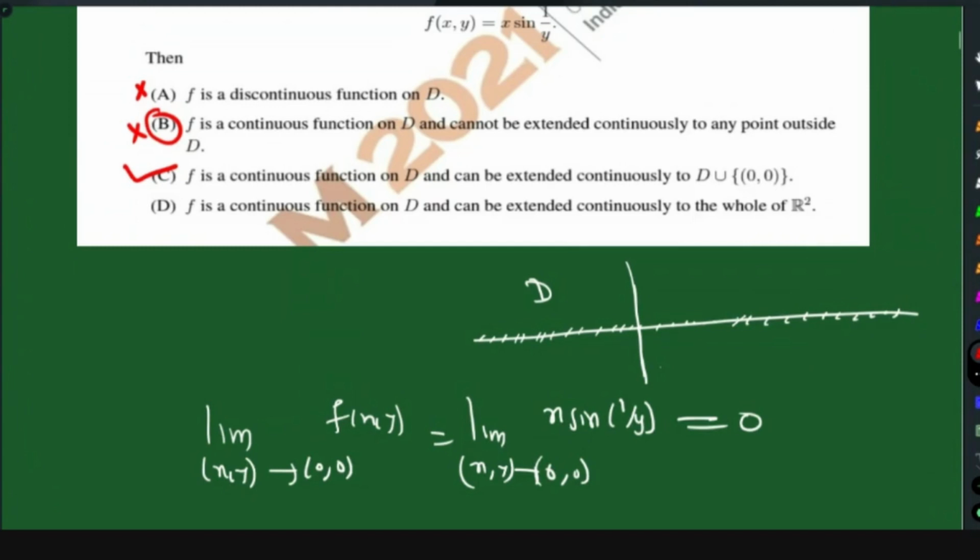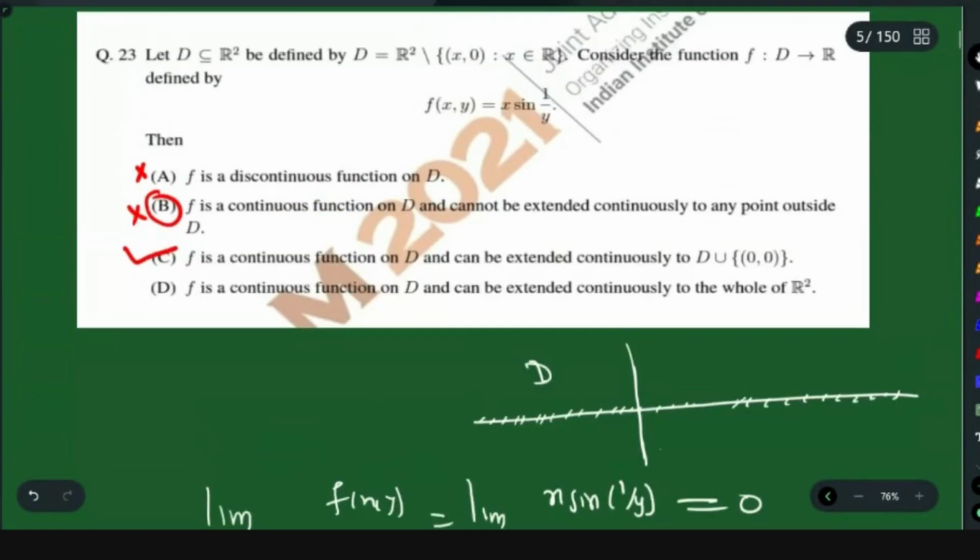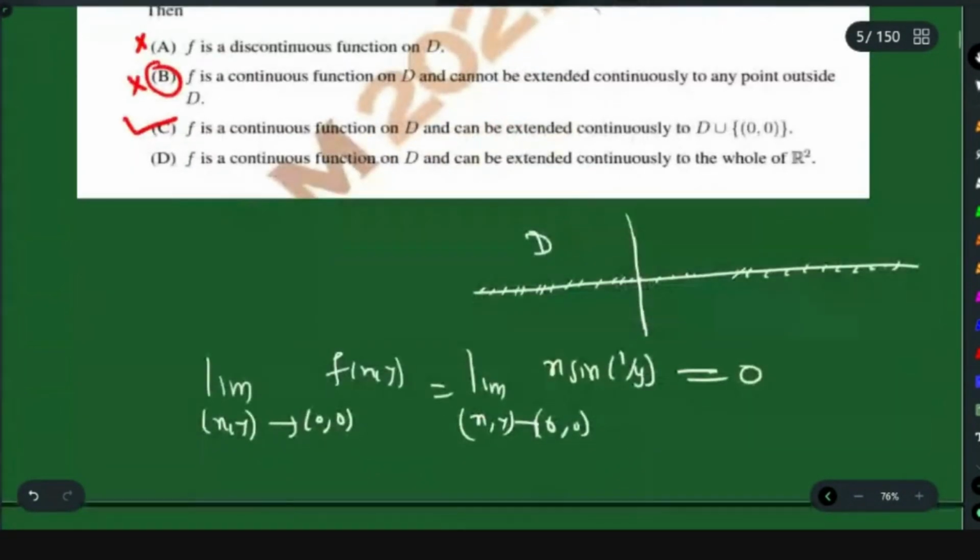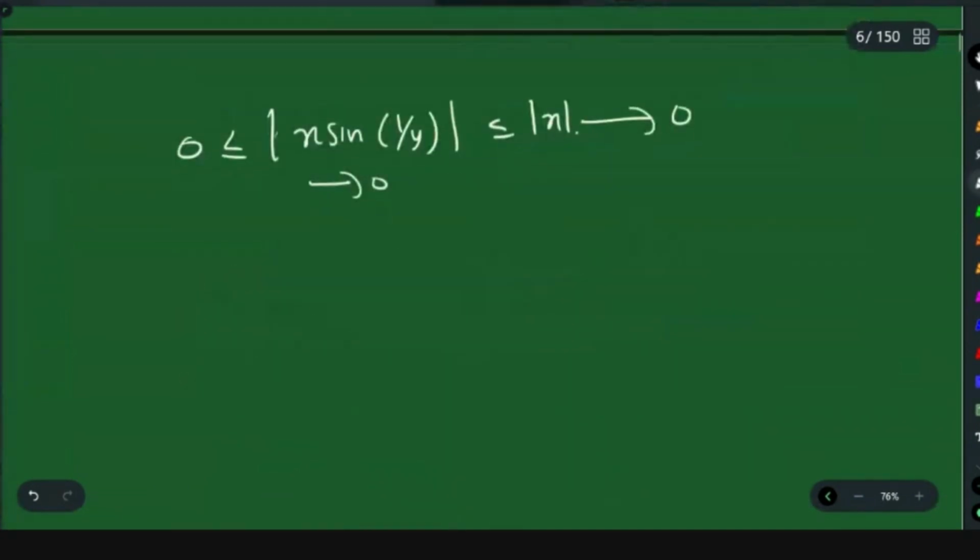So what about the fourth option? F is continuous on D and can be extended continuously onto the whole of R2. Let me look at the remaining points. (0, 0) you have already done. So what about the other points? Look at a point on the x-axis.